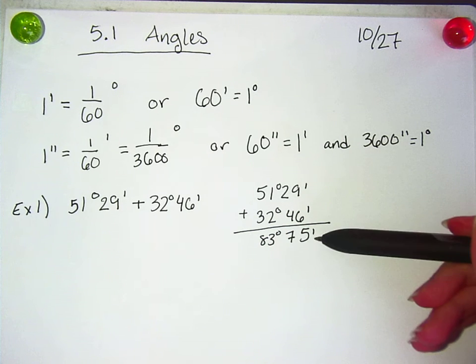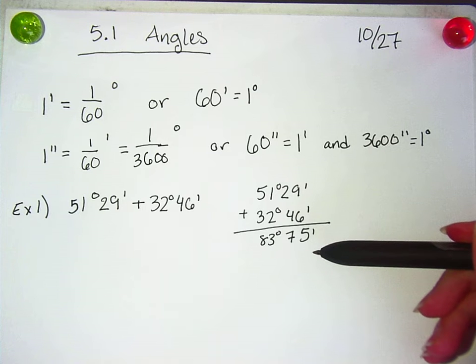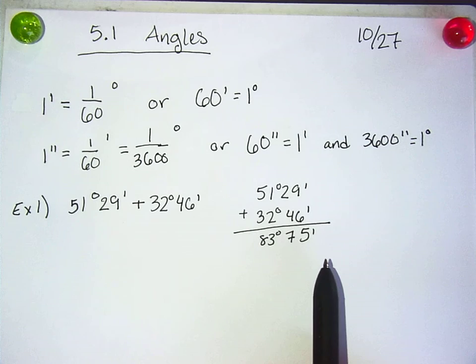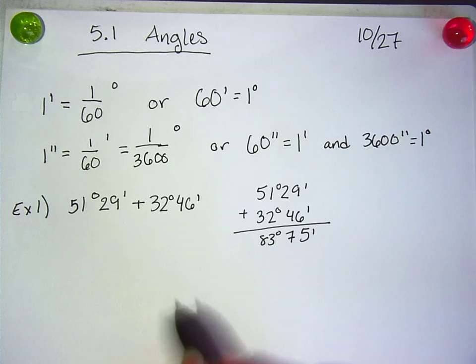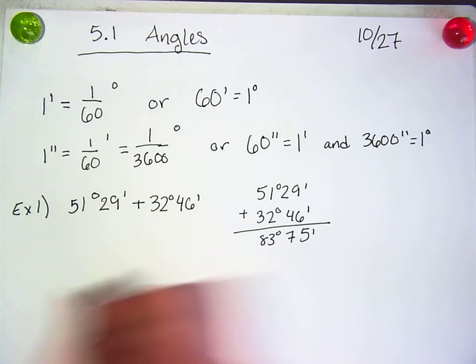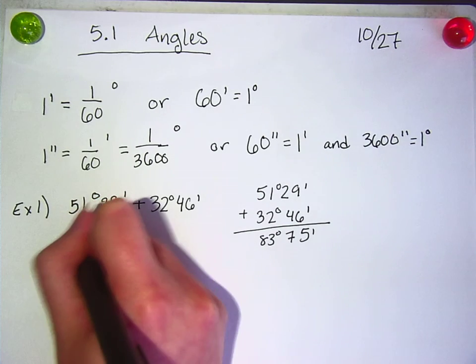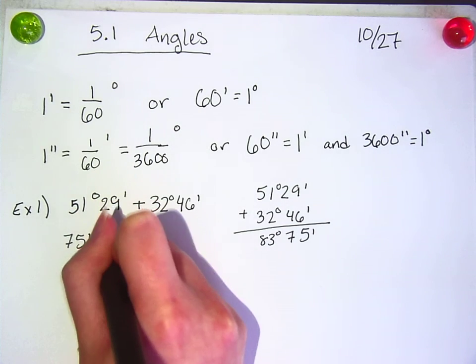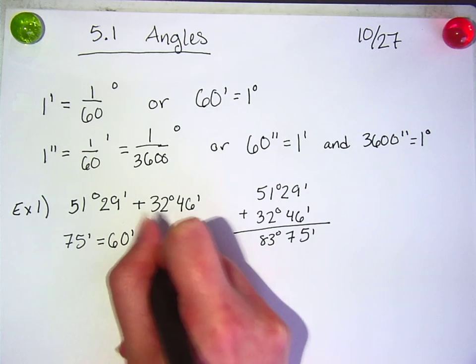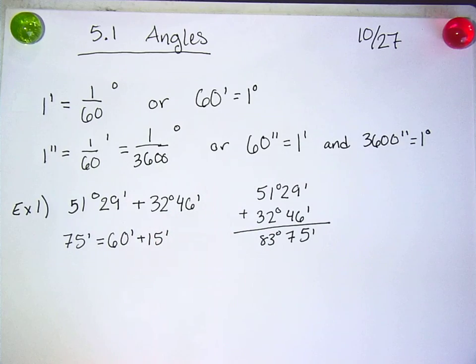See how this says 75 minutes? We can't really go above 60 minutes, because then it gets converted into a degree. So we can break up the 75 minutes: 75 minutes is the equivalent of 60 minutes plus 15 minutes.